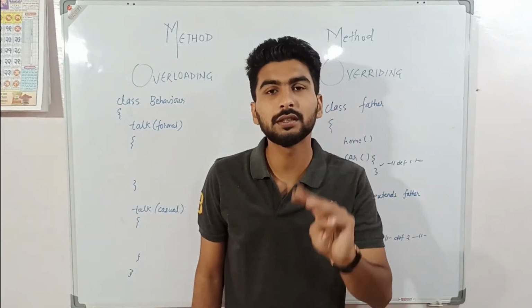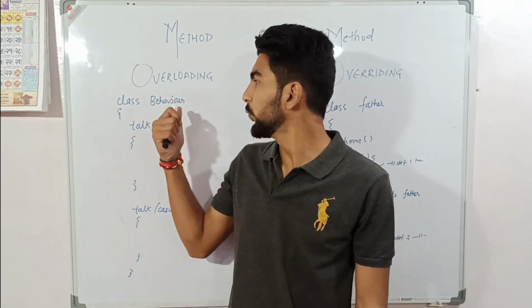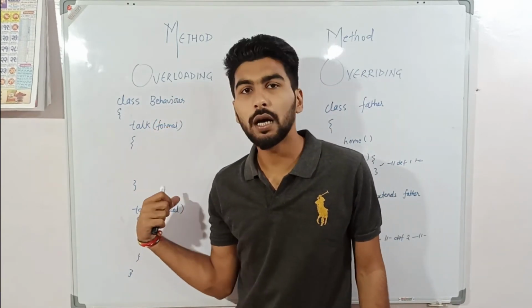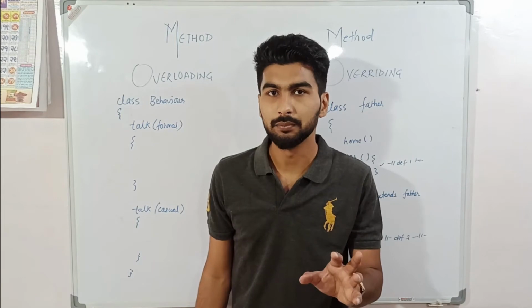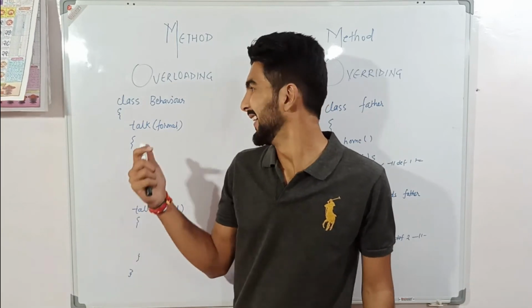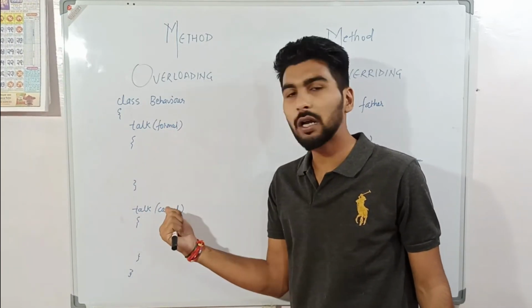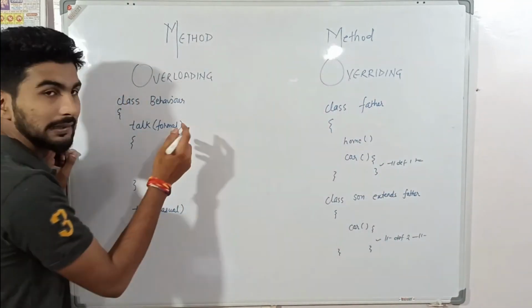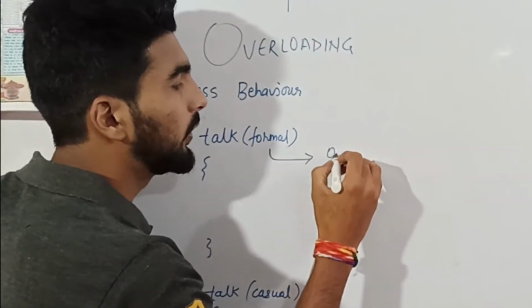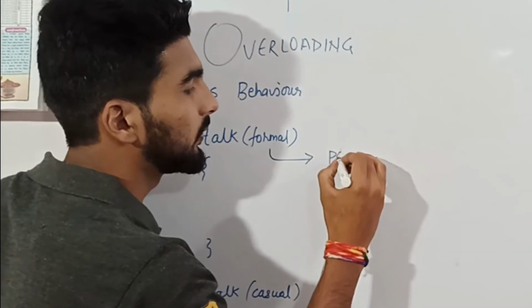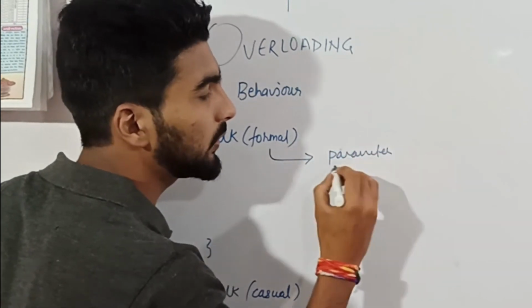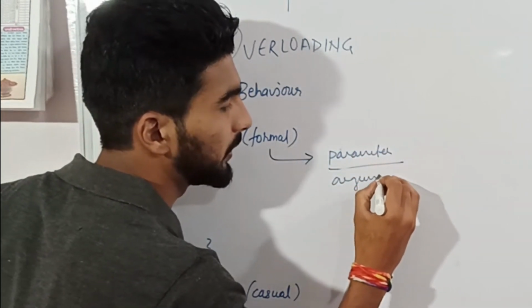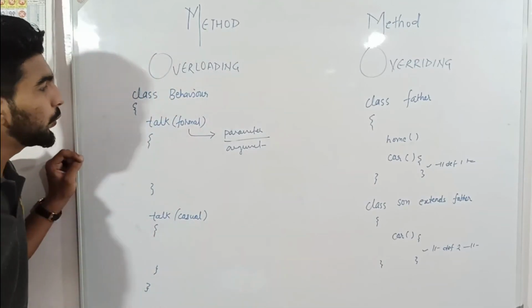Difference number 3: in method overloading, the parameters or arguments are different. This is called a parameter, and it is also called an argument.